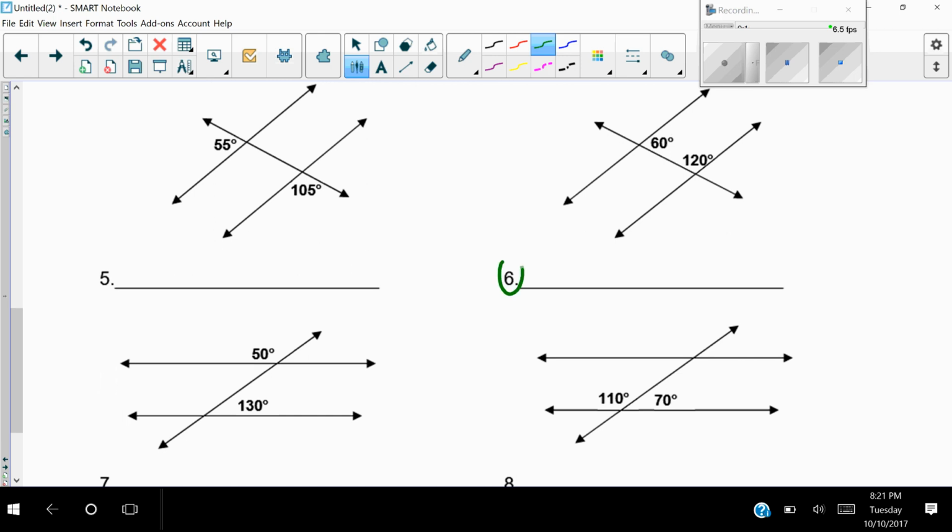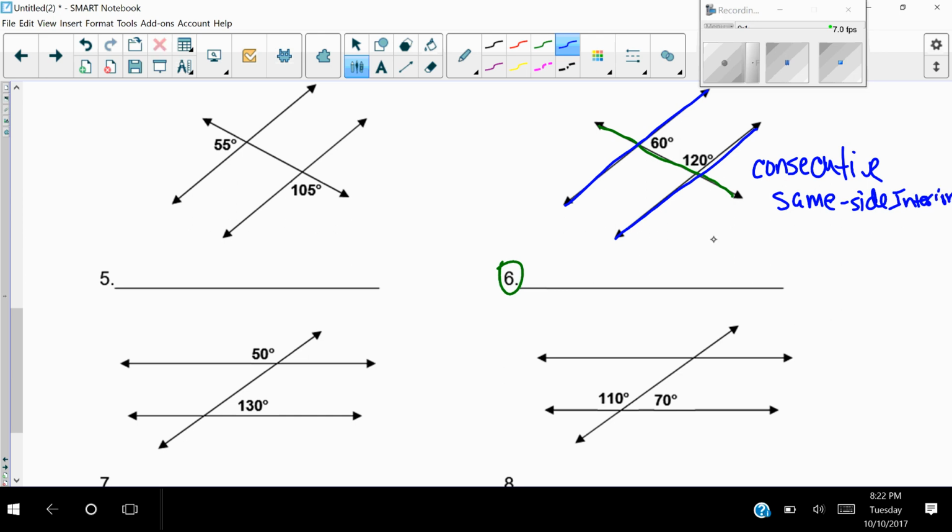Let's try 6. These are consecutive. They're on the same side of that transversal, and they're both interior. They are on the inside of these parallel lines. Consecutive interior, check your notes, or same side. Same side interior have to add up to be 180.